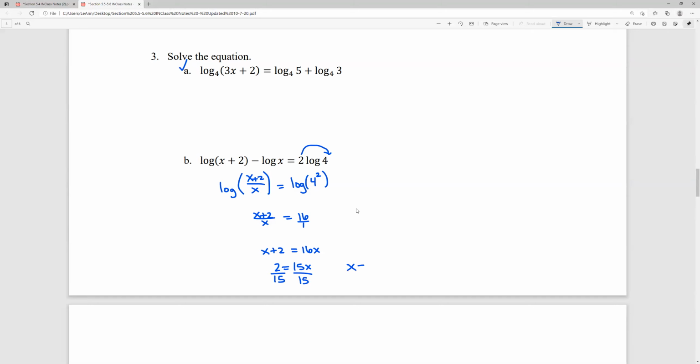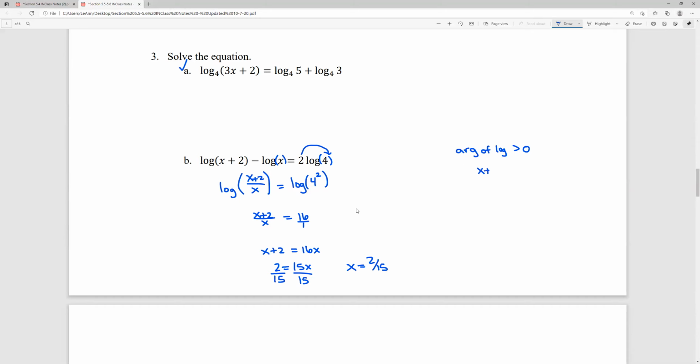Now the big part we talked about in class in section 5.4 and again when we did A is that all arguments of logs have to be greater than 0. The argument is the piece right after the log base, which here, remember, the base is hidden as 10. So each of these original parts have to stay greater than 0.